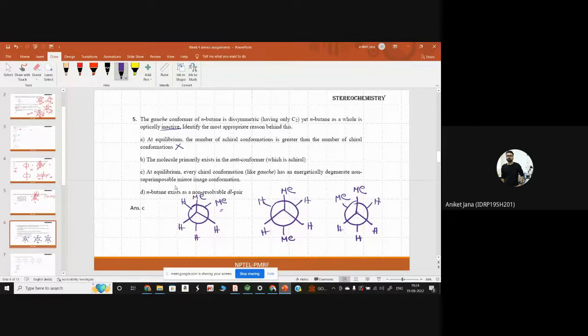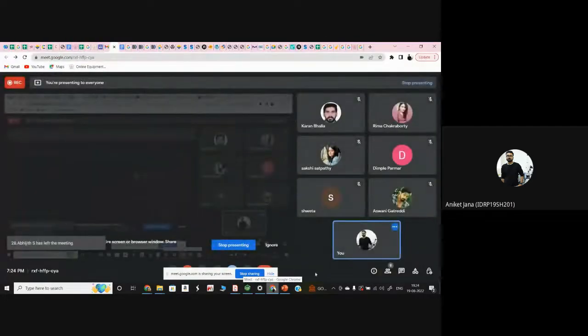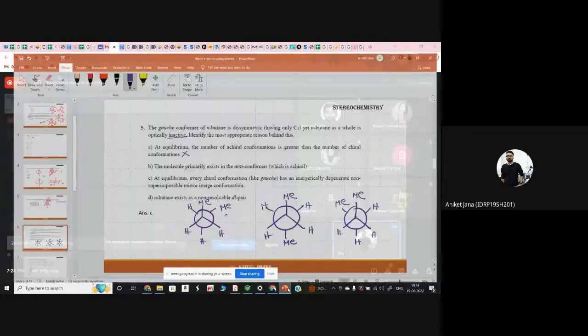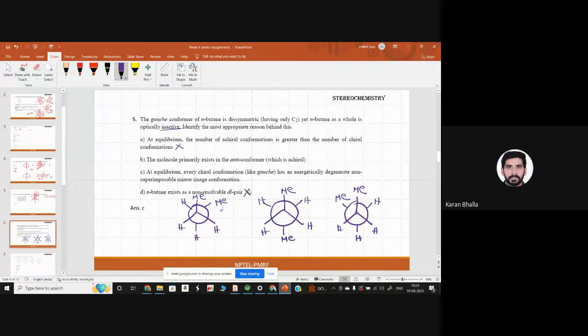Okay, so let's consider option D. The n-butane exists as a non-resolvable DL pair. Is this true? No, sir. This is also incorrect.